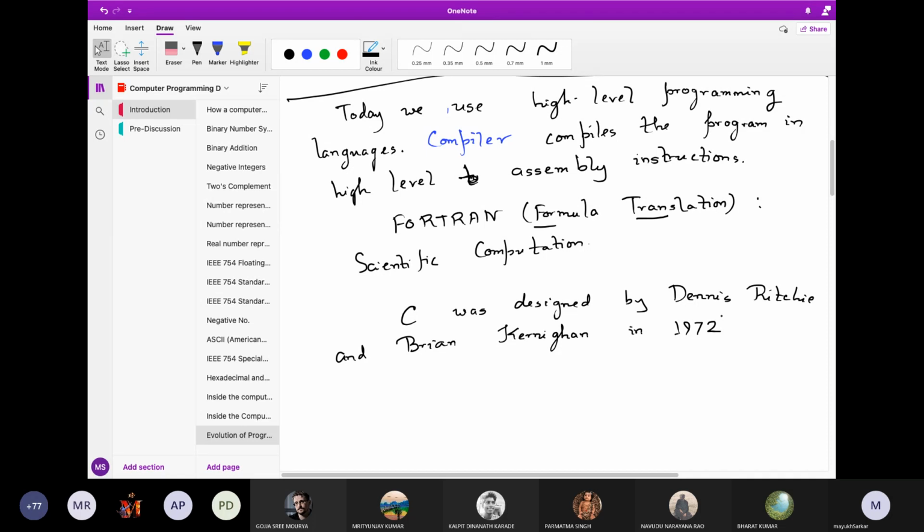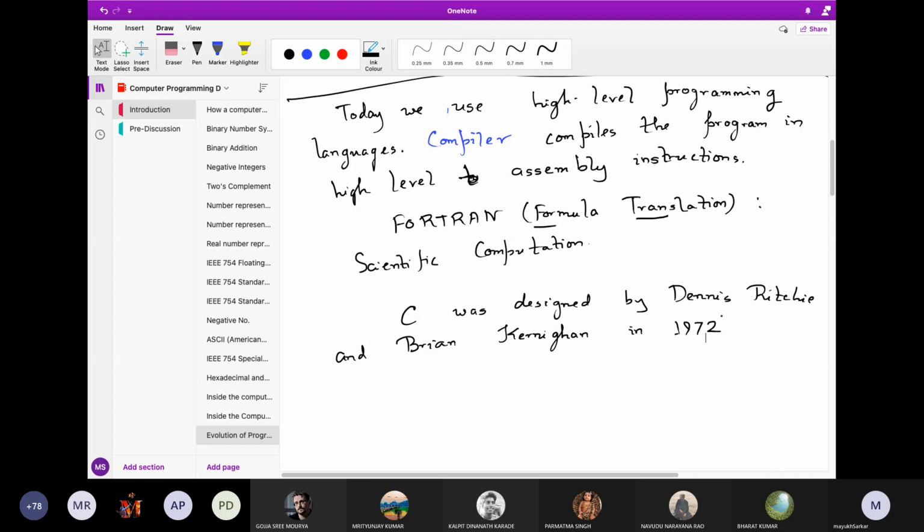Fortran, COBOL, BASIC, Pascal, though a bit higher than assembly, were still not what we call structured programming languages. I'll tell you the difference between structured and unstructured programming languages.